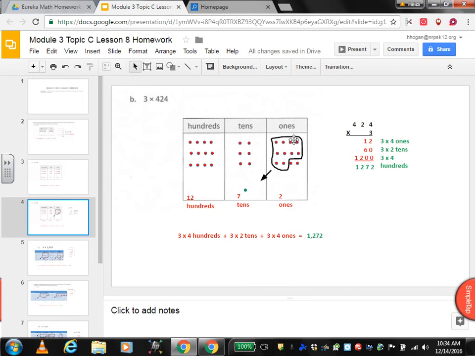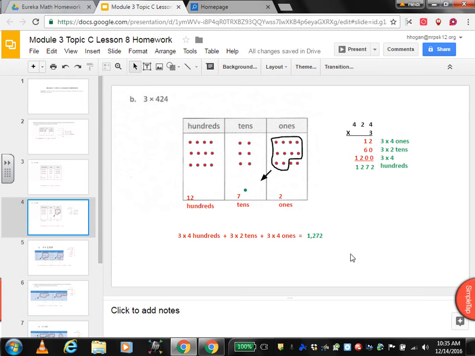We have this group of 10 that will give us another 10. And that leaves us with 2 ones and 7 tens. And then we have 12 hundreds. If we write our expression, it's 3 times 4 hundreds, 3 times 2 tens, 3 times 4 ones.